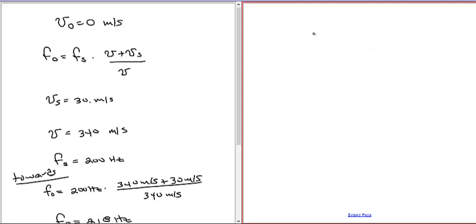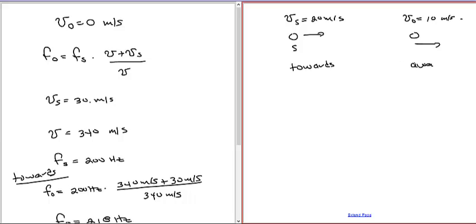I'm not going to do every particular scenario, but let's just do one where, so this is the source. The velocity of the source is 20 meters per second this way, and the velocity of the observer is also this way. Let's say it's 10 meters per second. So in this case, the source is moving towards, but the observer is moving away.